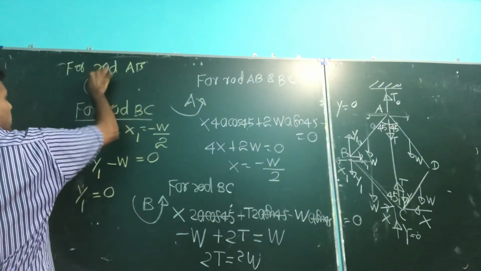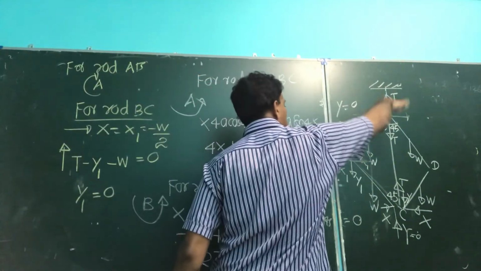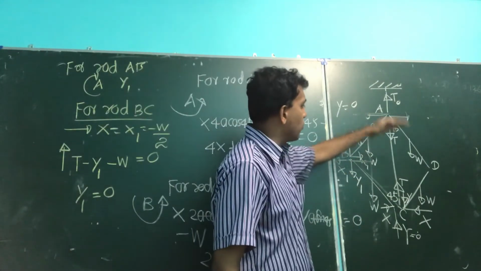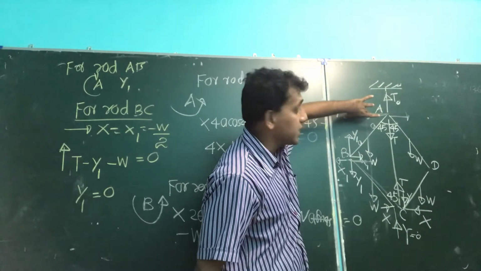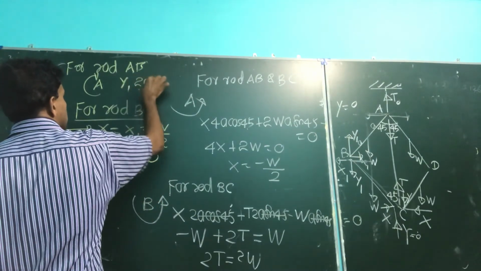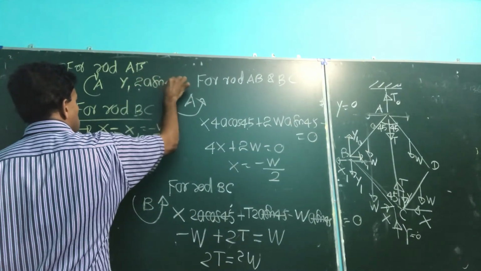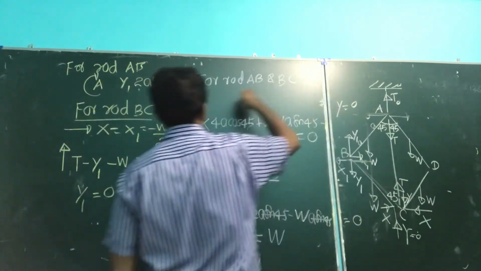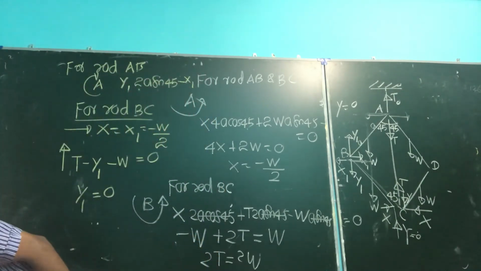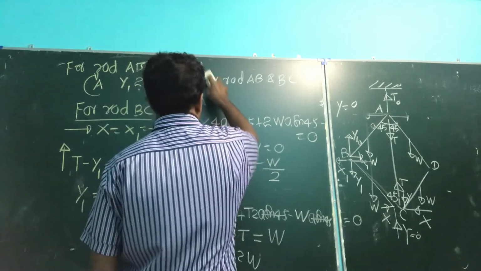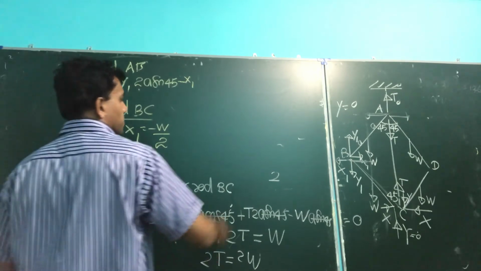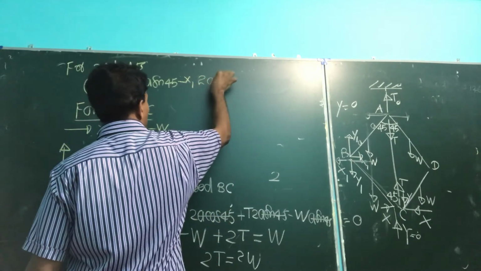You can write the Y1 direction. Y1 is the force, at a distance 2a sin 45. Then the other side, minus X1, with 2a sin or cos 45, no problem.